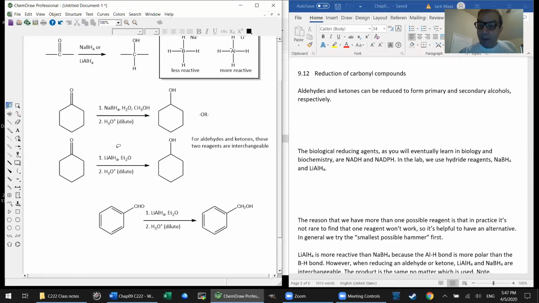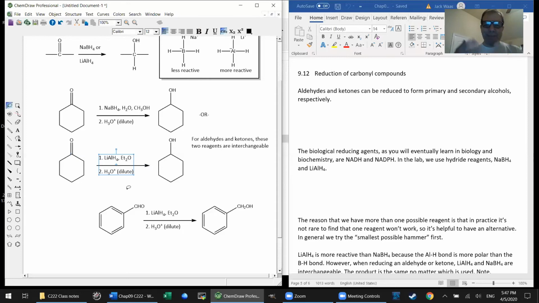I would then wait a while and test to see that my starting organic material is gone. And then I would do my workup. You can do it by adding dilute aqueous acid. In fact, even just water is enough. So if you put dilute H3O+, or even just H2O, it's fine as far as I'm concerned.